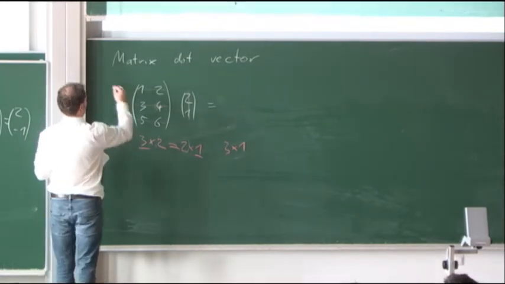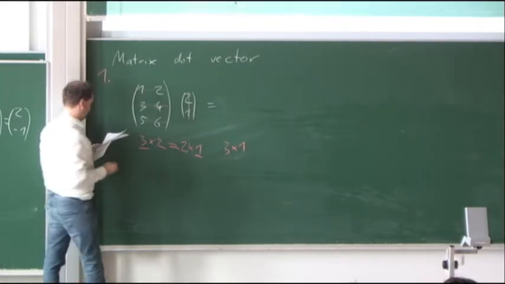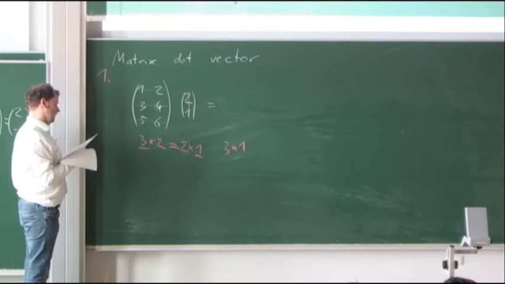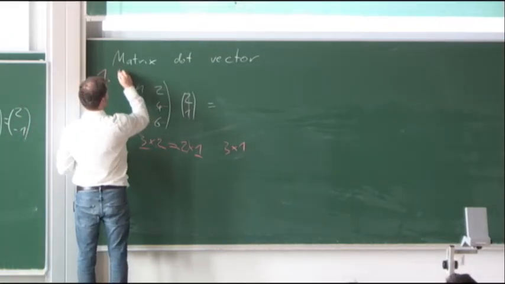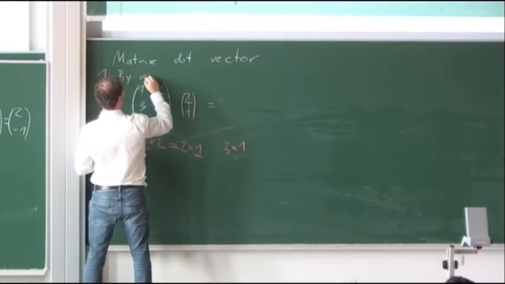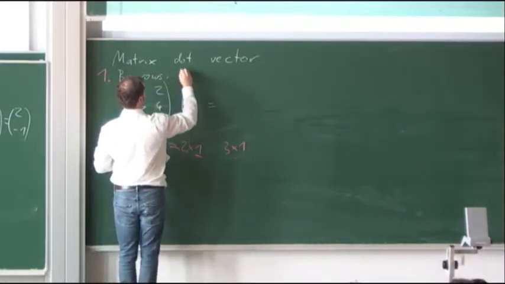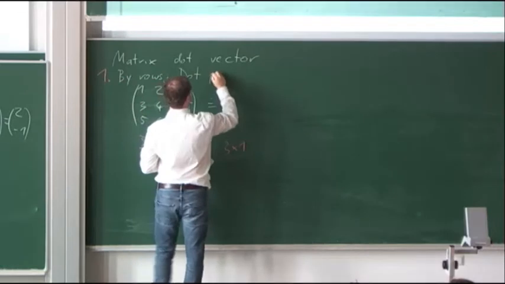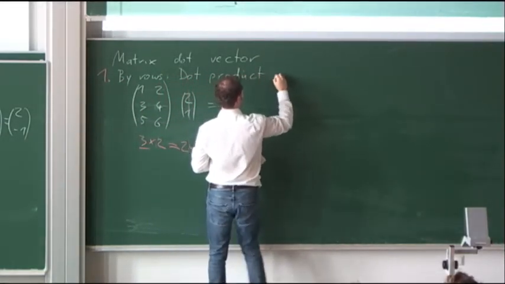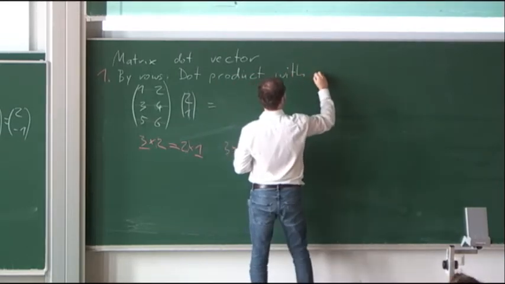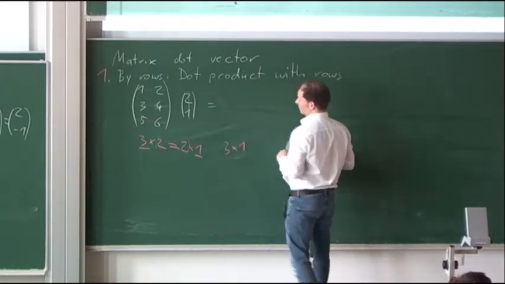So that's the first way to think about this, which is the dot product with the rows.